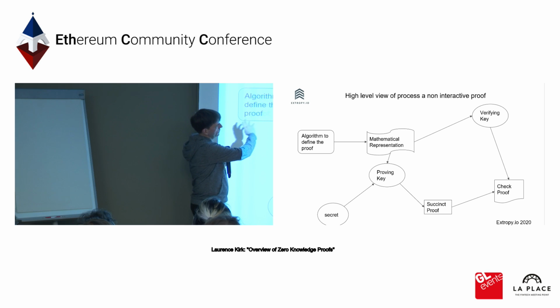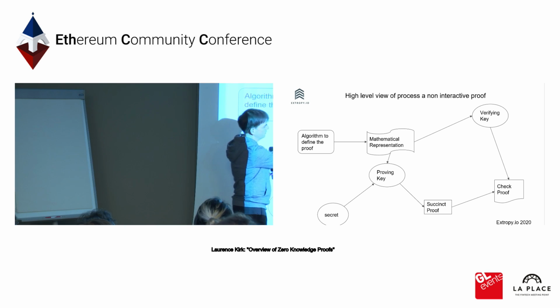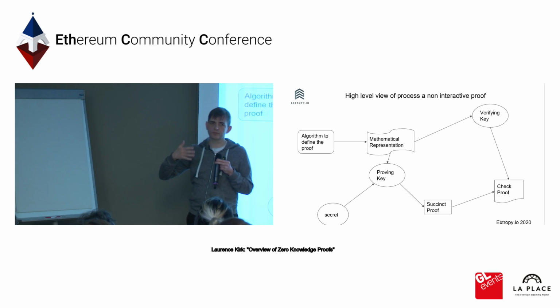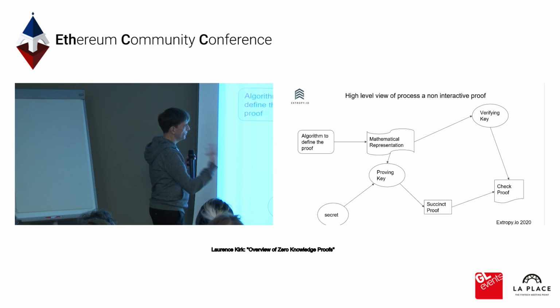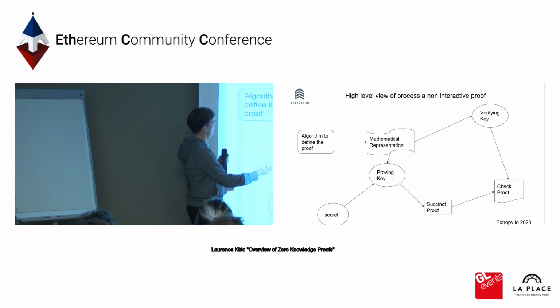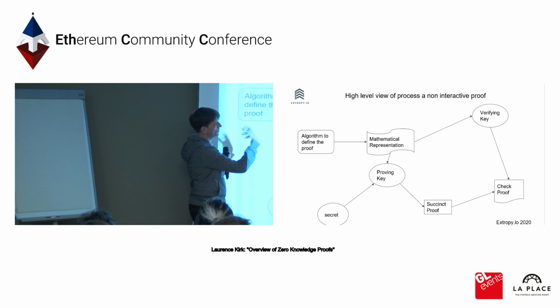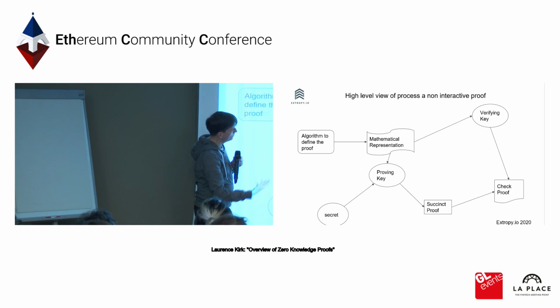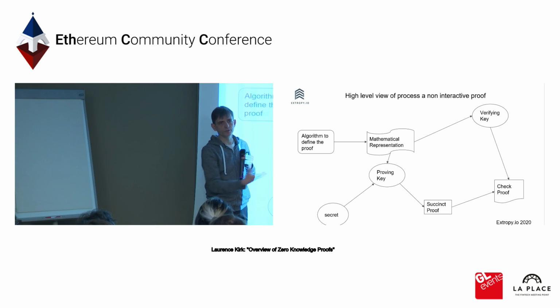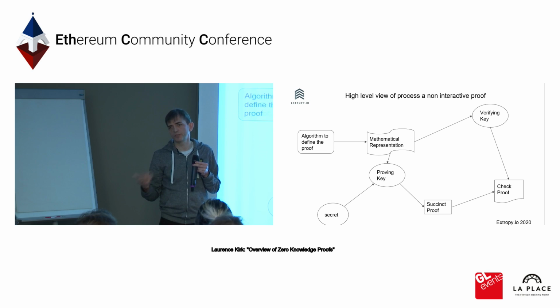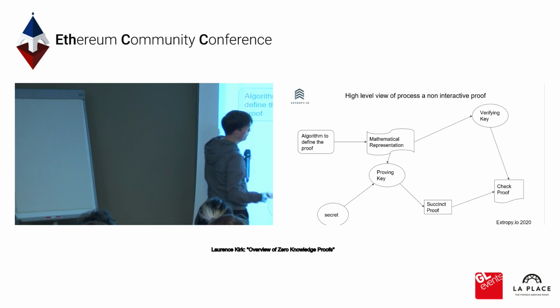And then particularly in SNARKs, this becomes a mathematical representation and goes through a series of transformations. Maybe you've written the algorithm in a high-level language, or some definition of the algorithm, and you turn this into a mathematical representation that can be used in a proof, so that the proof is still succinct and can be used in reasonable time and reasonable memory.